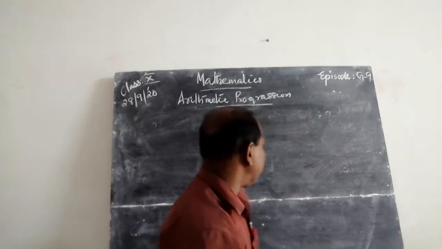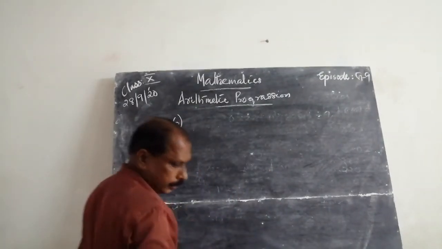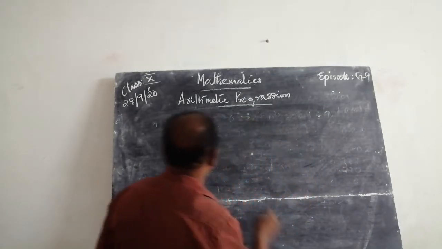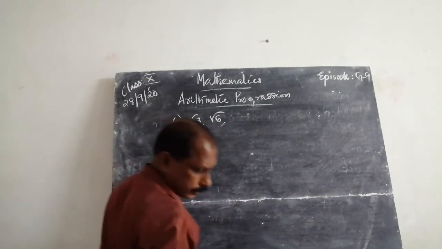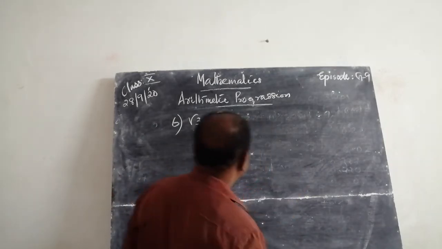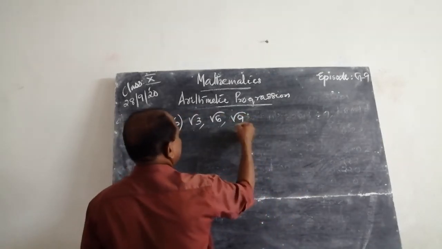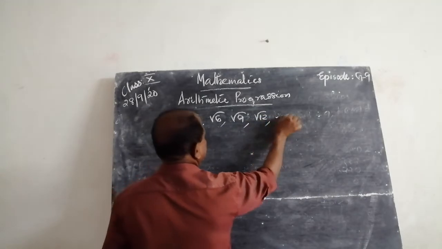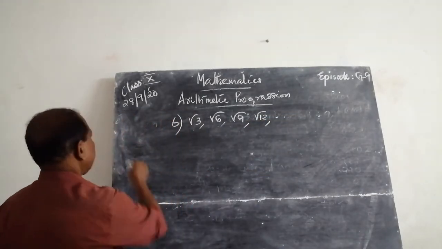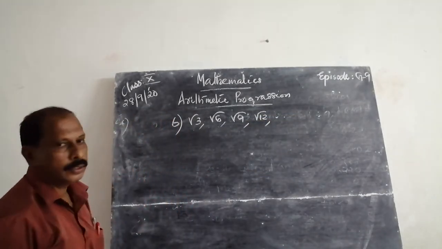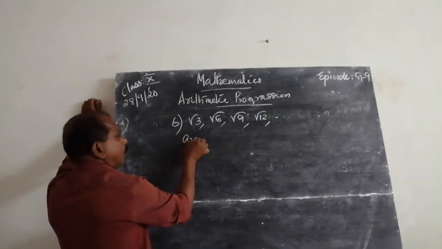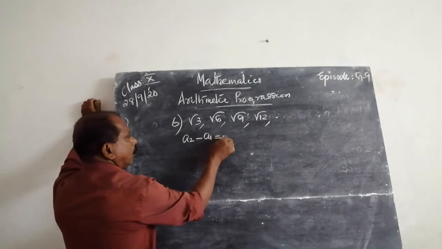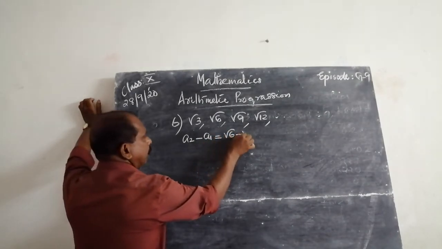There is another one, that is the 6th question. That is root 3. Next one is root 6. Next one is root 9. Next one is root 12, etc. This is a radical expression. Therefore, A2 minus A1 is equal to root 6 minus root 3.